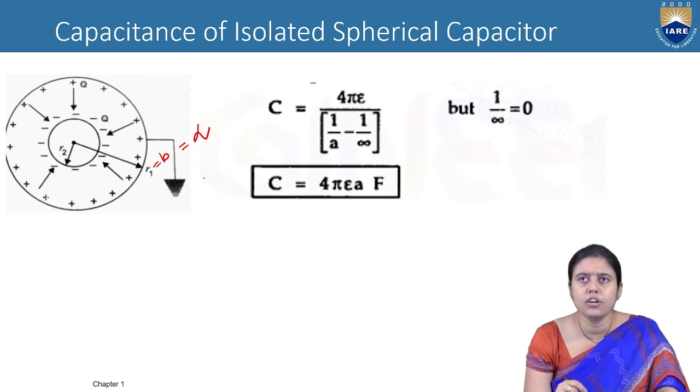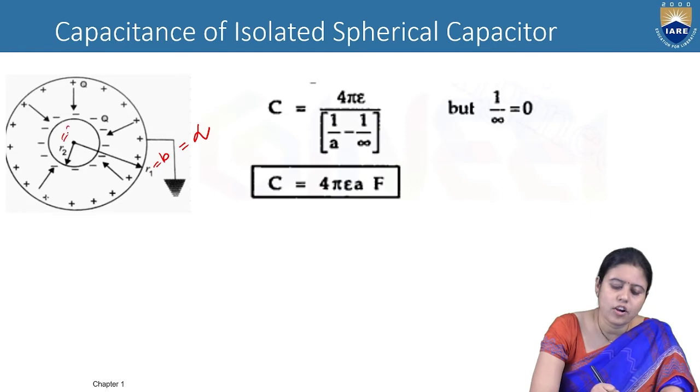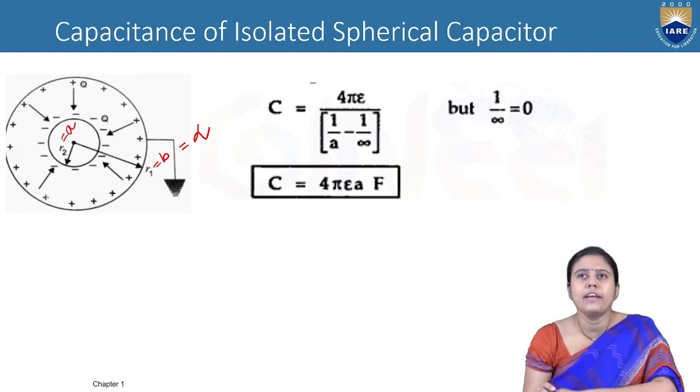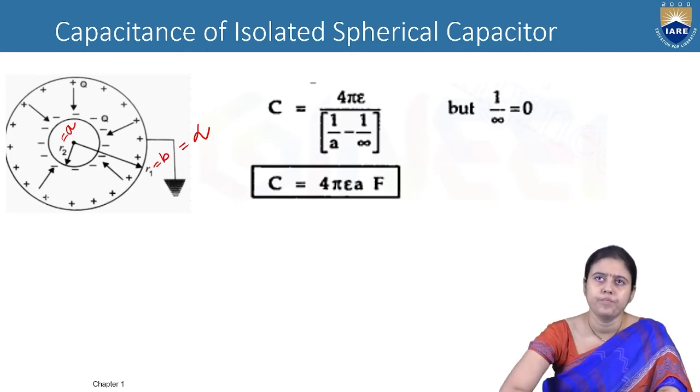So in the formula 4 pi epsilon times 1 by A, where A is the radius of the inner surface, minus 1 by infinity, 1 by infinity is equal to 0. So the capacitance is 4 pi epsilon into A.